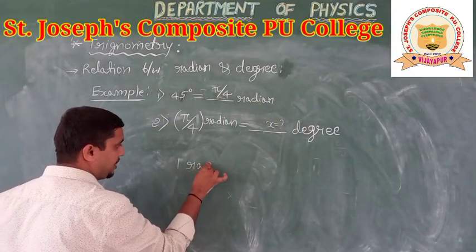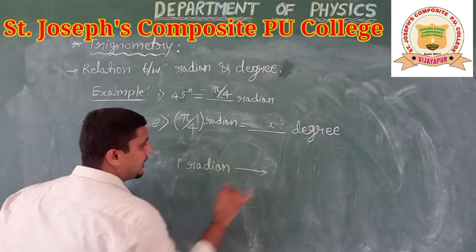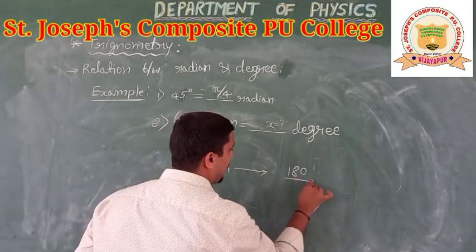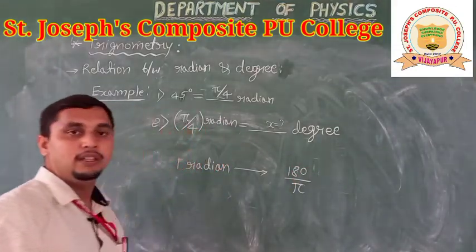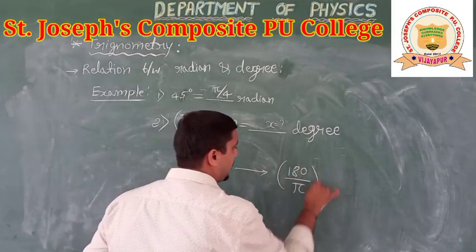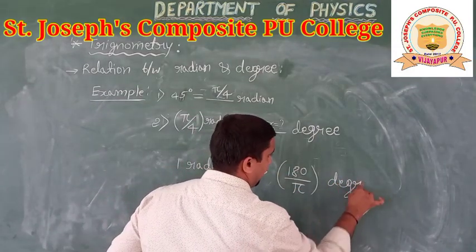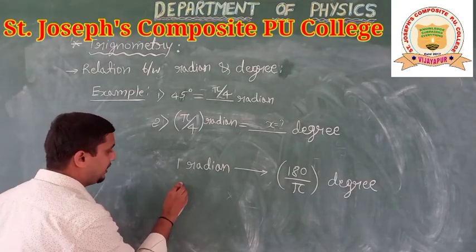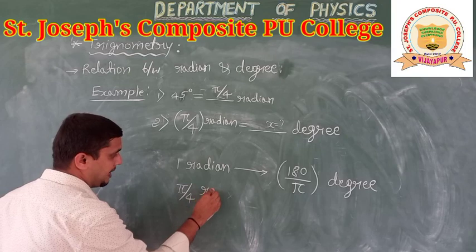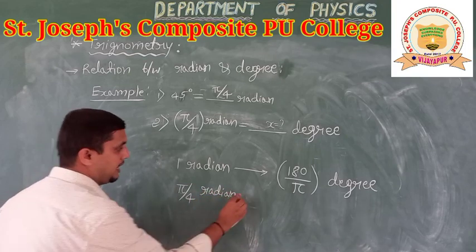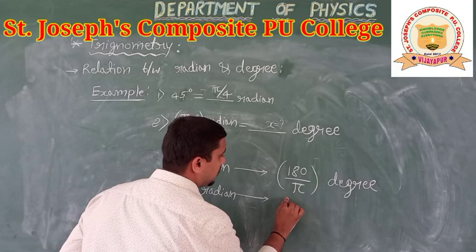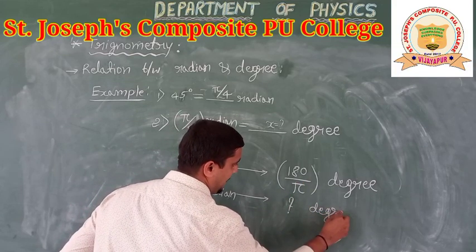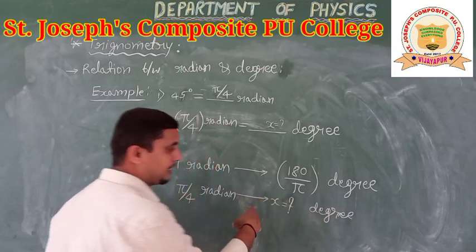The relation is 1 radian is nothing but 180 divided by pi degree. The same way, if I take pi by 4 radian, how many degree is it? That is the value of x.